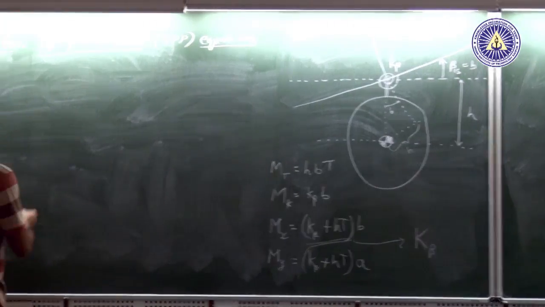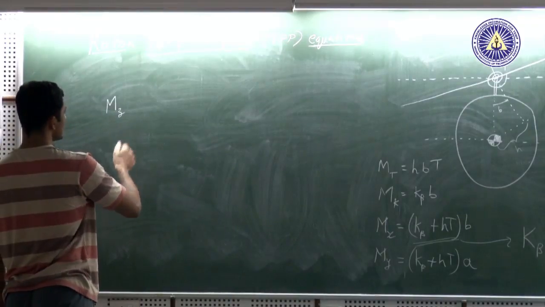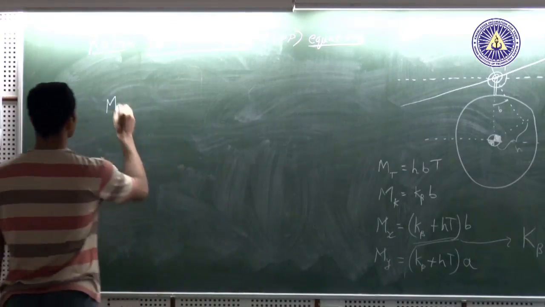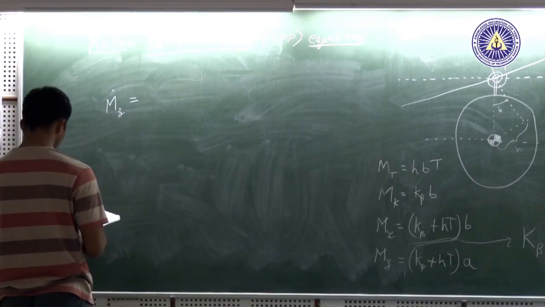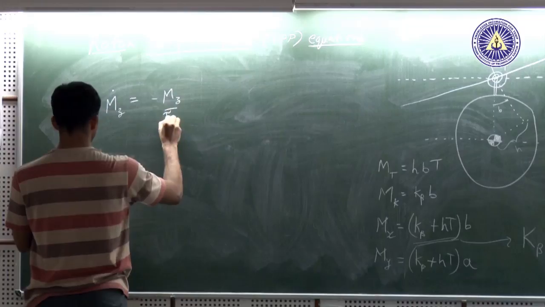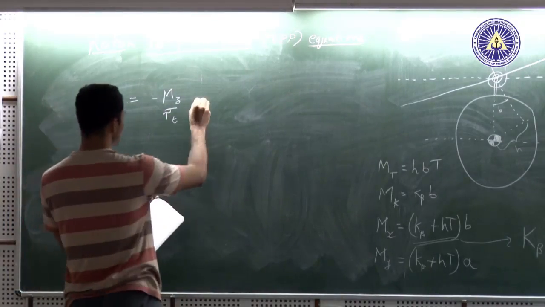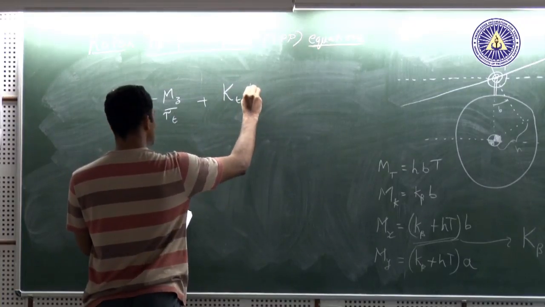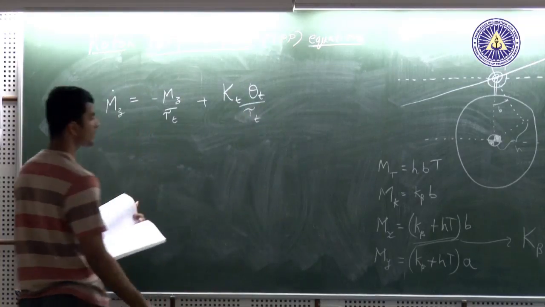So I can directly write the dynamics of the moment about the z axis as mz dot equals minus mz by tau t, where tau t is the time constant for the tail rotor, plus capital Kt theta t by tau t.